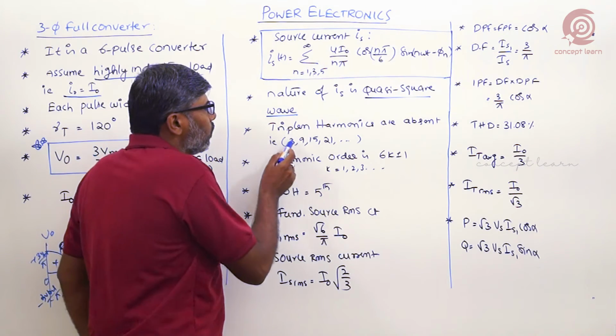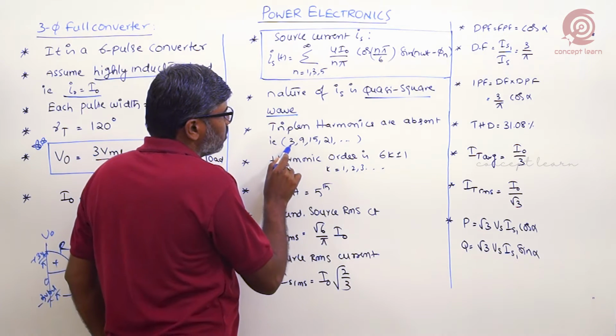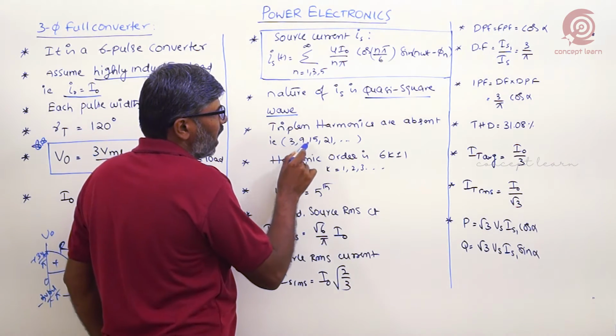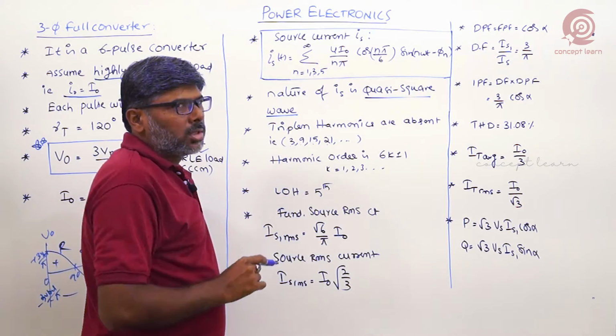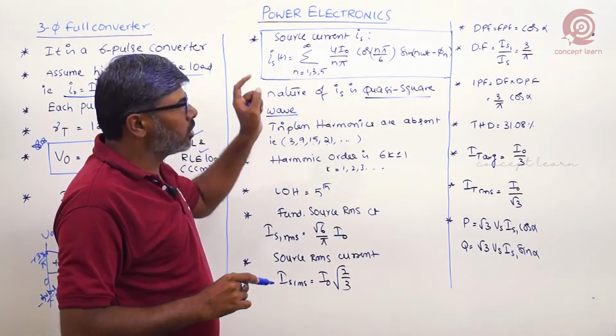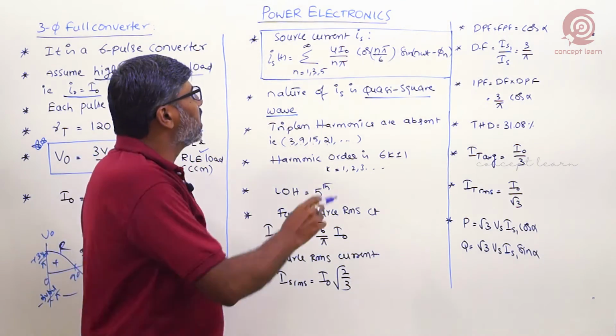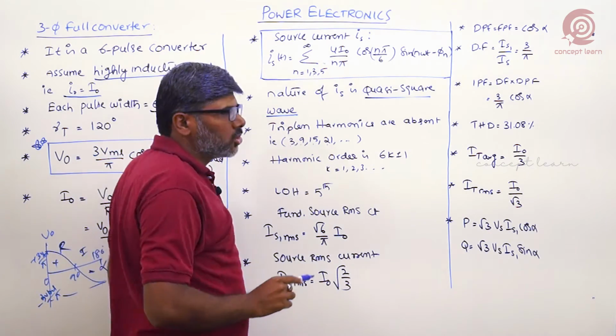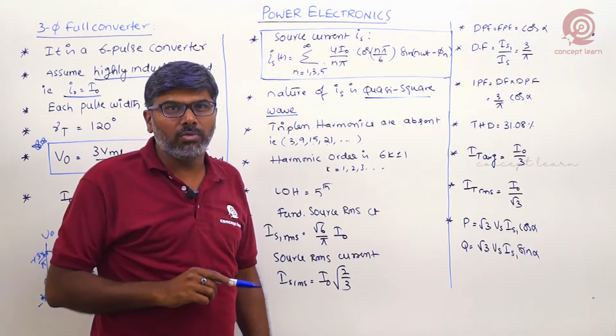So for all triplets, multiples of 3, 9, 15, 21 and so on, the magnitude of source current is 0. It means that triplet harmonics are eliminated in the source current in the 3-phase full converter.